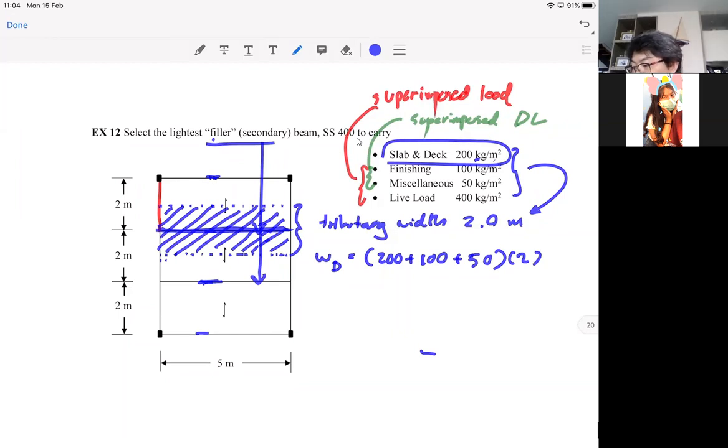So my uniform dead load is 700 kilogram per meter.